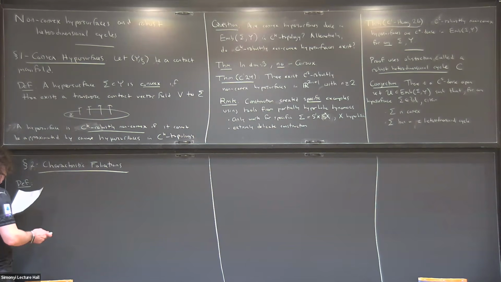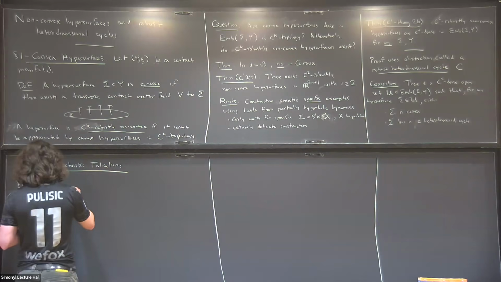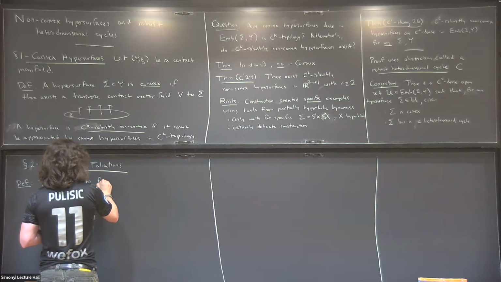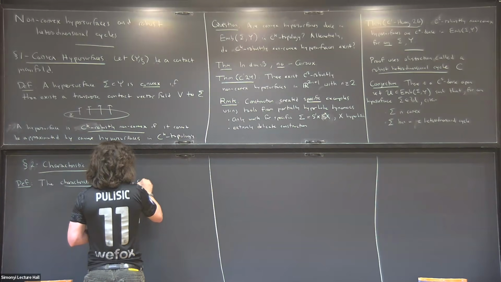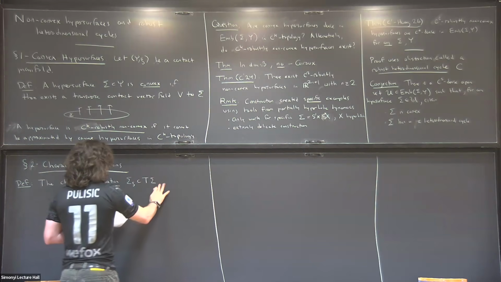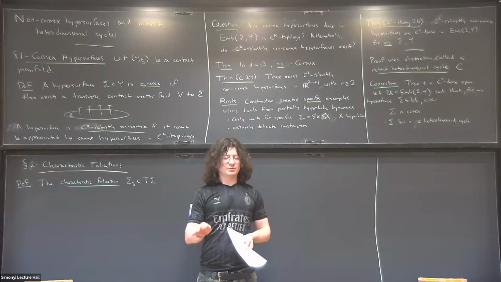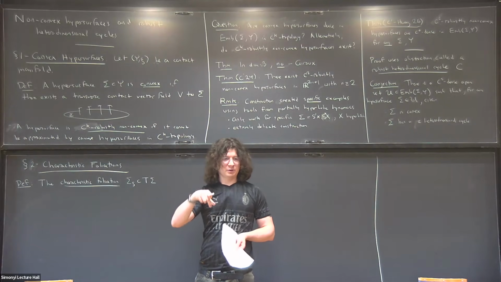Any hypersurface in a contact manifold is equipped with a natural dynamical system called the characteristic foliation. I'm going to think of this as a singular line field. So it'll be a family of lines, but in some places it'll be zero.